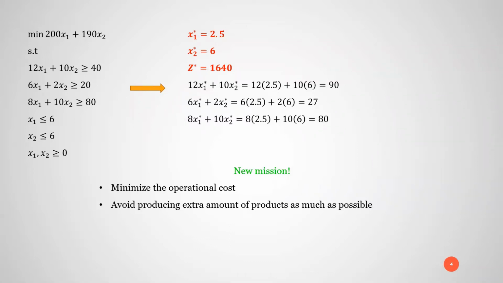But in the real world, this is not always the case. In reality, each organization is trying to achieve several goals at the same time, such as increasing or at least maintaining the market share, diversity of the products, stabilizing the prices, and many other goals.